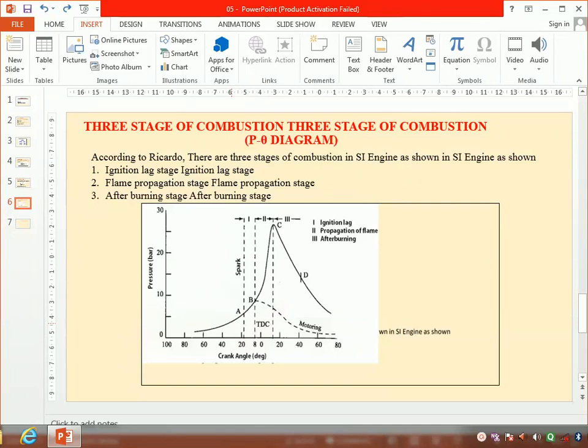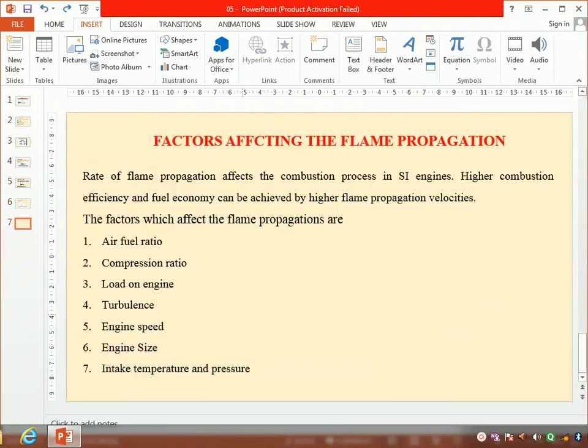So ignition lag stage means a certain time interval between the instant of spark and the instant where there is a noticeable pressure rise on the indicator diagram, on this curve.